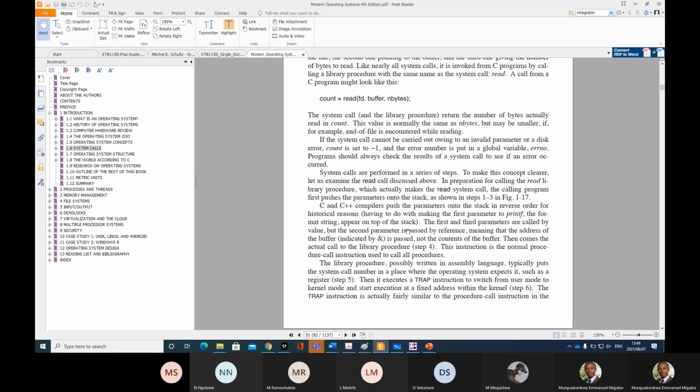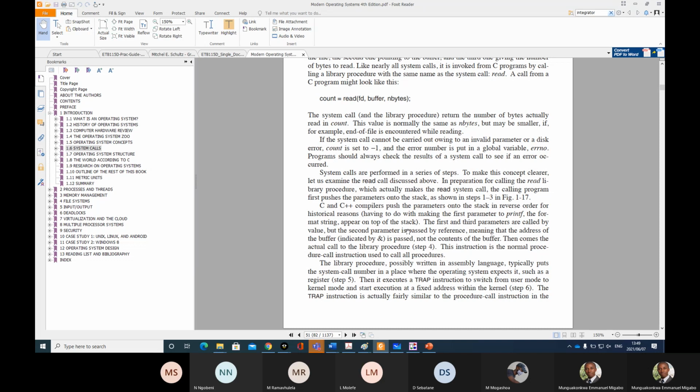If we take an example where the trap instruction is executed to switch from user mode to kernel mode and start execution at a fixed address within the kernel, then we're talking about a specific instruction, as we said, called the trap instruction, which, as we know, is normally supposed to operate through the kernel. But in this case, it will go from user mode to using a fixed address within the kernel.